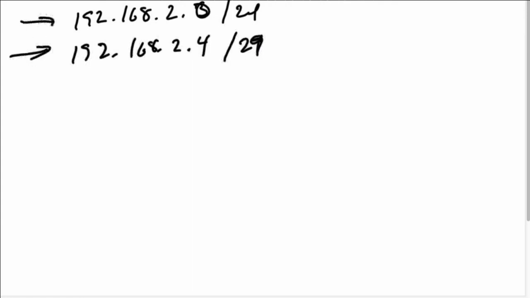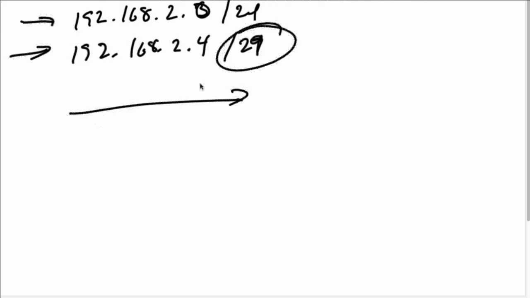Both of these can exist in my table, and if I was trying to get information to go to one of these, the one that has the longest match would be the one that got picked. So in other words, it's going to go with the most specific prefix.